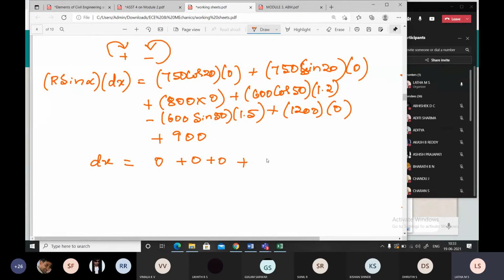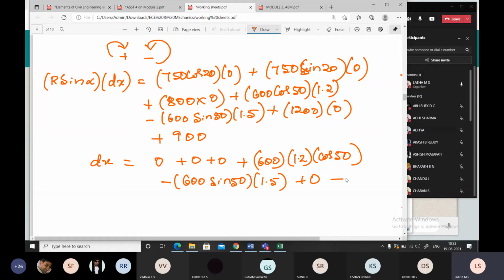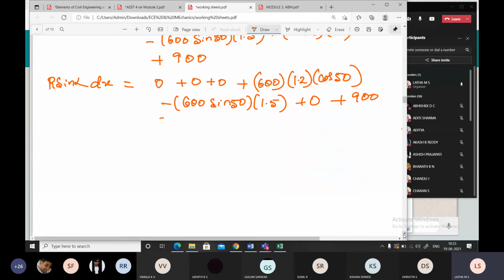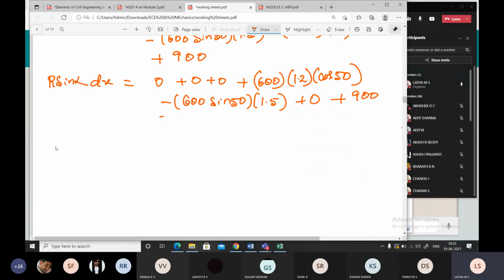Then you have 600 into 1.2 into cos 50, minus 600 into sin 50 into 1.5. Then this is 0. Then that is 900, divided by, here I'll write it as r sin alpha dx.